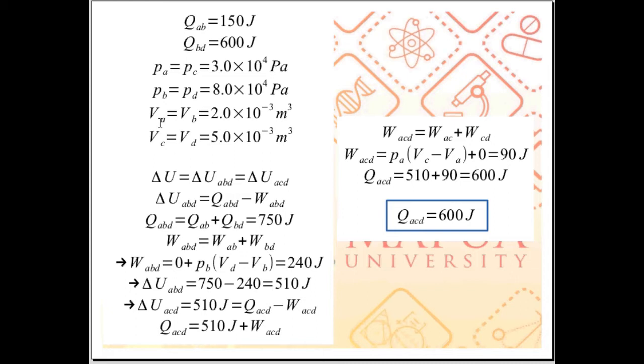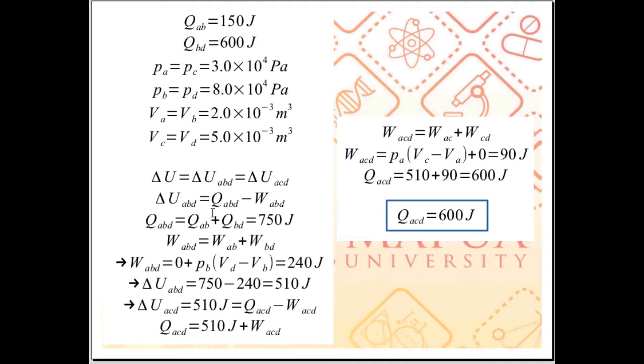And the volume at state A and B are the same, 2 times 10 to the negative 3 power cubic meter. And the volume at state C and state D are equal at 5 times 10 to the negative 3 cubic meter.